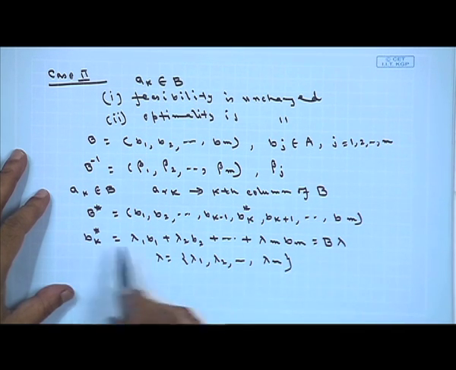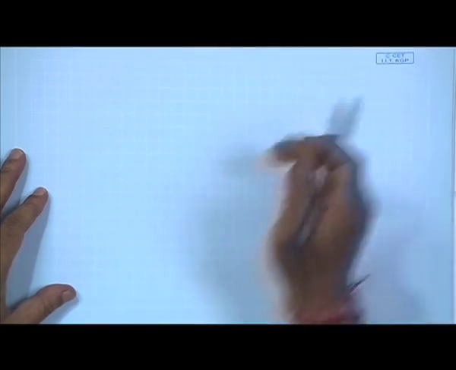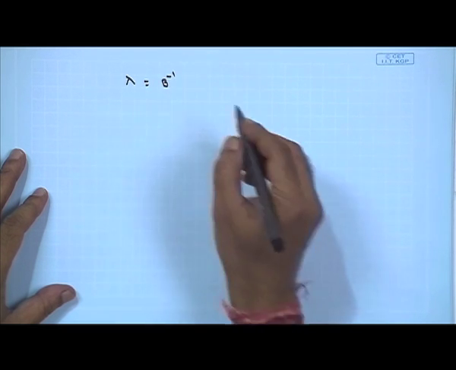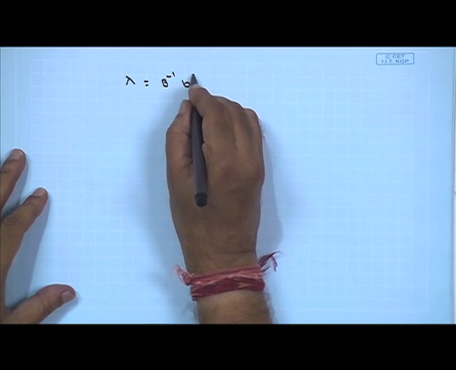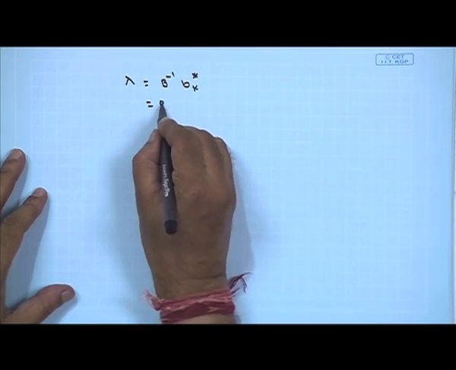So, since B k star equals B into lambda, I can write down the value of lambda from the earlier equation as B inverse into B k star. And what is B k star?